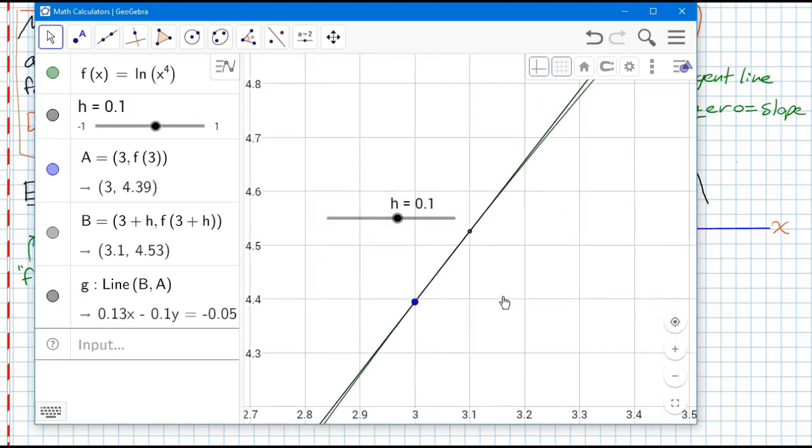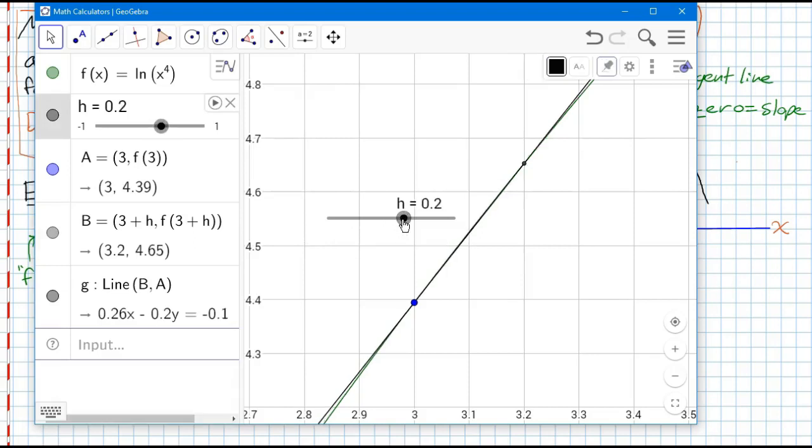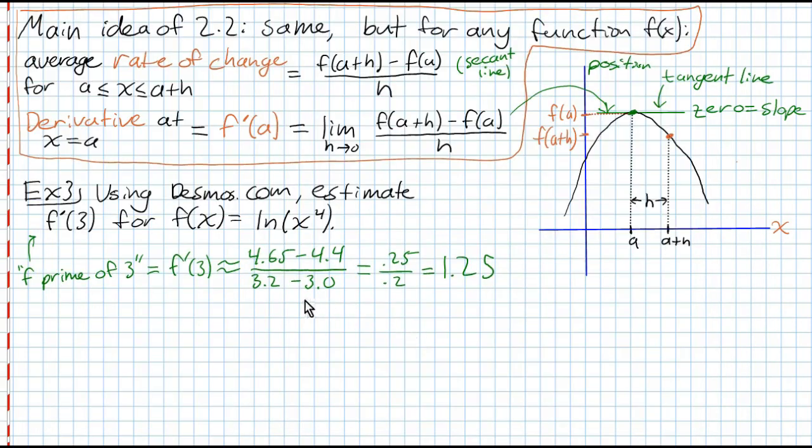And you could use the secant line at that point, or you could use the points on the green curve itself. Anyways, the vertical change here is about 0.25. The horizontal change between these points is 0.2. So that's how I calculated that.